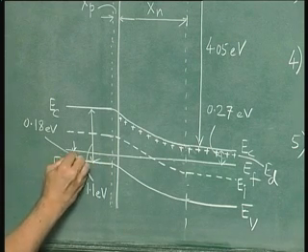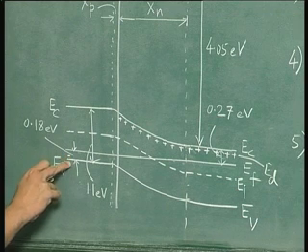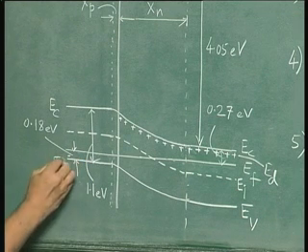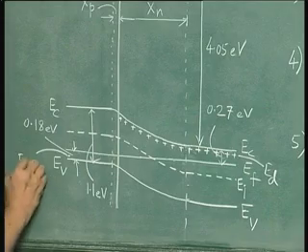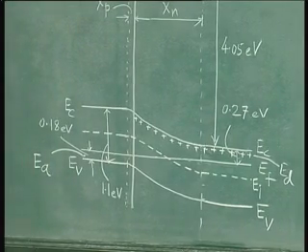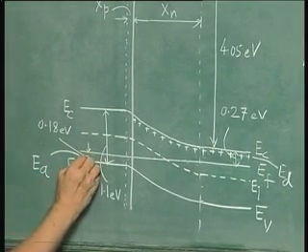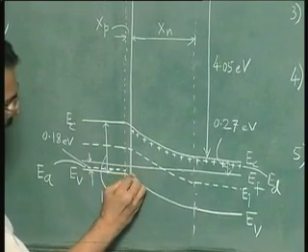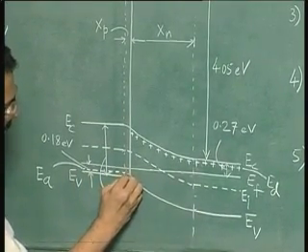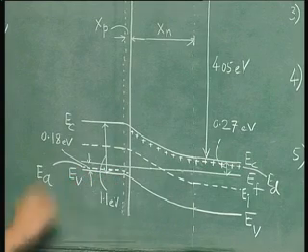Similarly one can draw EA on this side. So EA is also at 0.05 electron volts from the valence band edge. So this is EA, the acceptor level. Now notice that the acceptor level has to be drawn parallel to EV here.